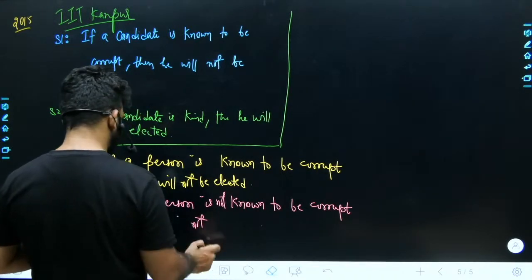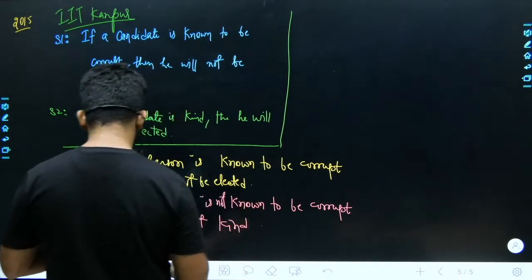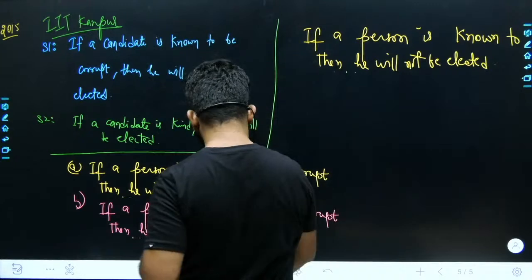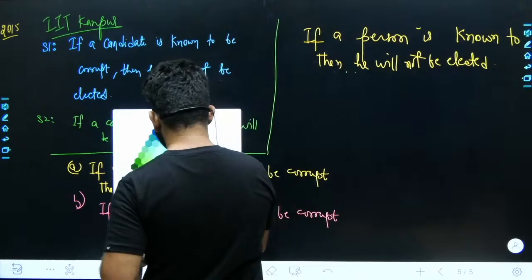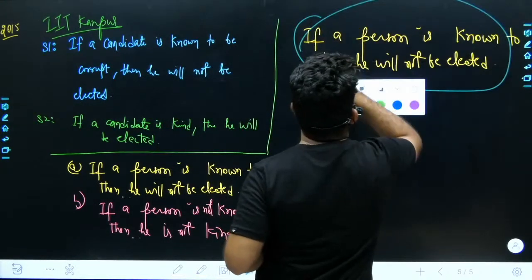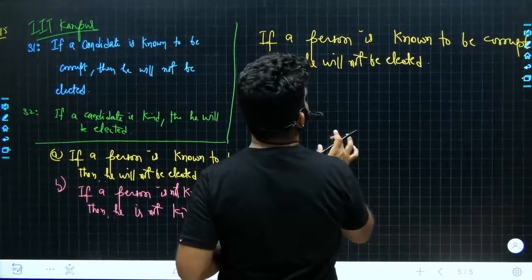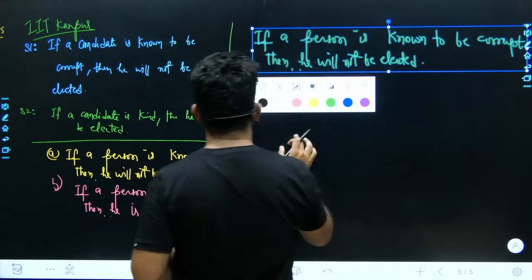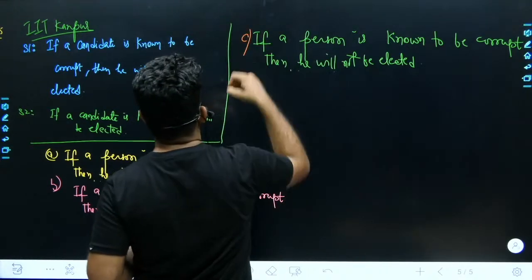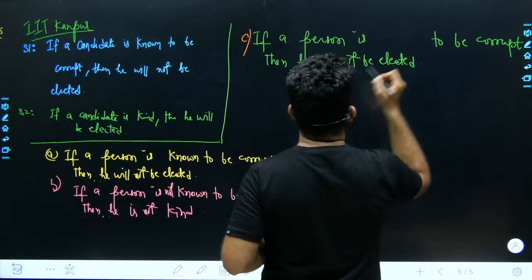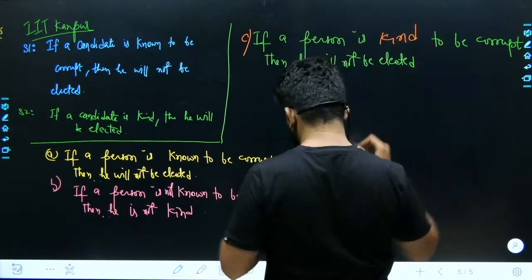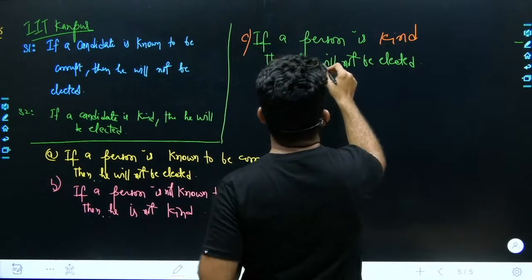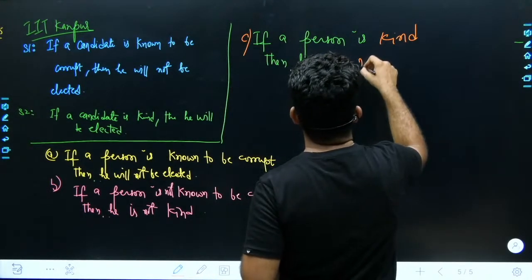The third one, option C: if a person is kind, then he is not known to be corrupt.